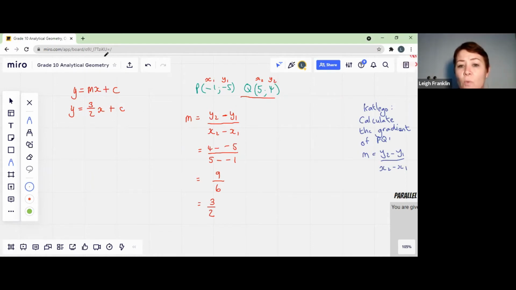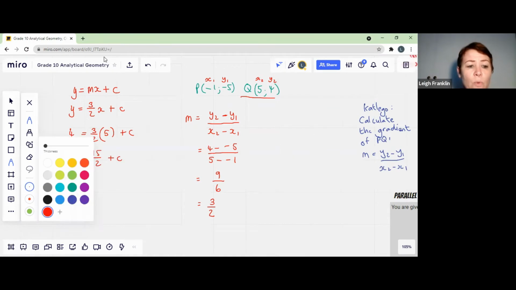So I can see that the y coordinate at Q is 4. So in place of y, I'm going to write 4, 3/2, and in place of x, I'm going to write 5. Okay, and then the calculator can do this for me, all right? If we ask the calculator to work out 3/2 times 5, our calculator is going to tell us that the answer is 15/2.